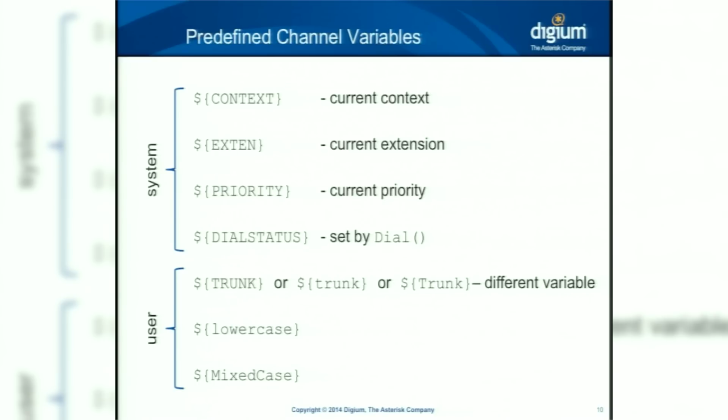Another point I need to mention here, notice that uppercase trunk, lowercase trunk, and then capital T trunk are listed as different variables. That is mostly true. Who's had to deal with the situation in dial plan where you set it with a capital something and you dereference some other variable with a different case and it showed up anyway? No?